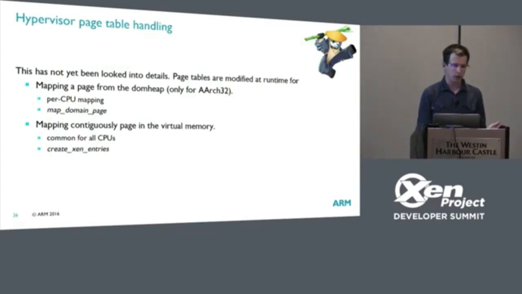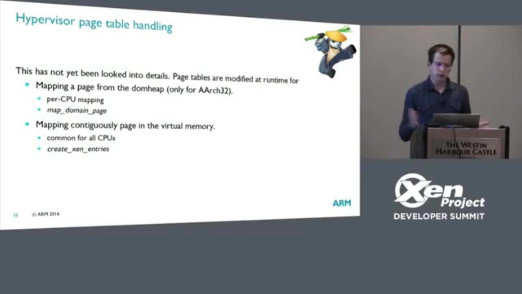And there are other places where we have to modify at runtime. For instance, the DOM heap on ARM32, we have to map and unmap every time. But because the DOM heap is specific to a CPU, break before make is not necessary in this case.